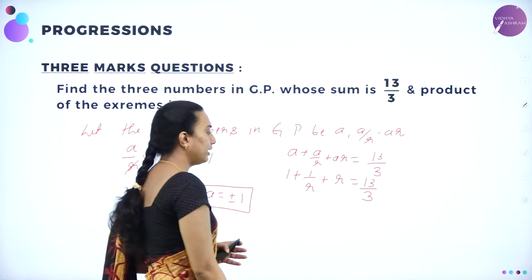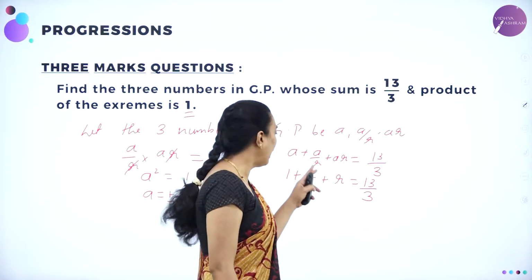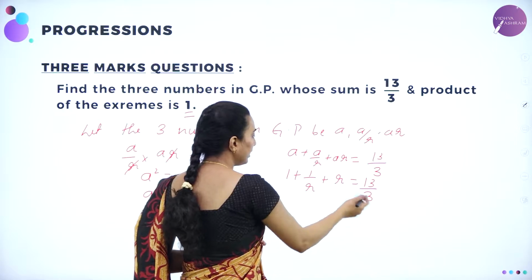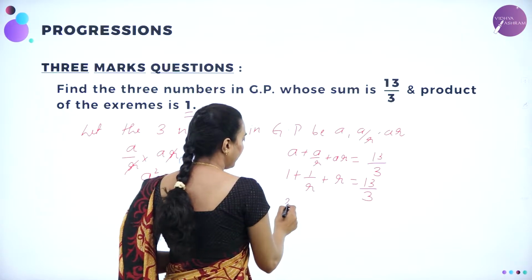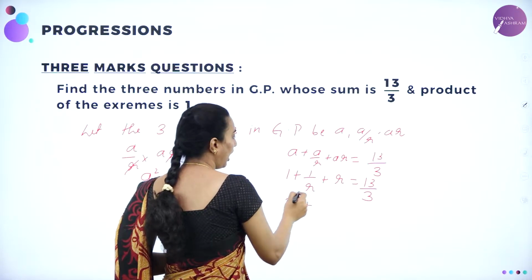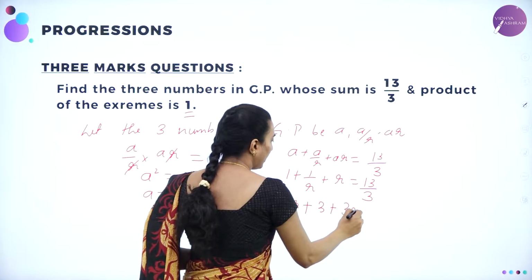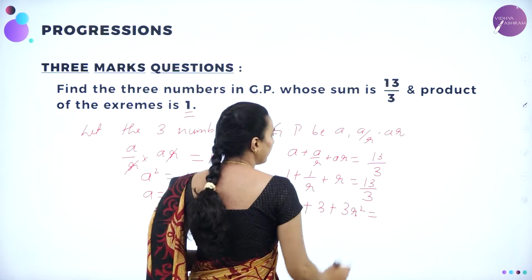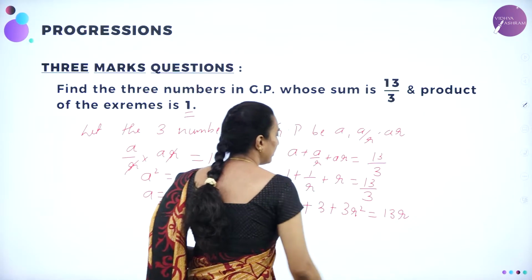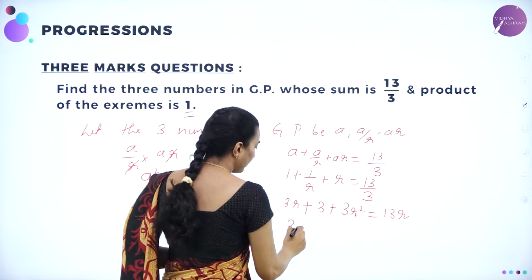Now you can multiply throughout by 3R because you have here 13 by 3 and here 1 by R. So 3R multiplied is 3R plus, here 3R will be multiplied, R will get cancelled, 3 plus 3R squared is equal to 13R, where 3 goes and the remaining is 13R.